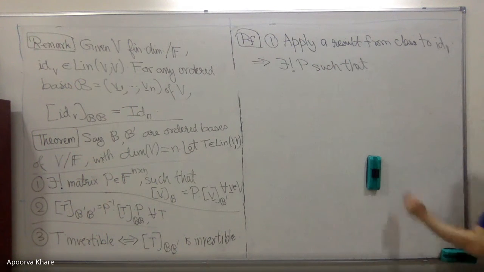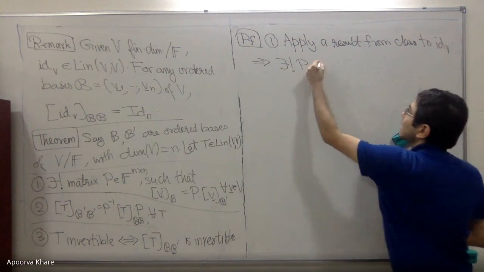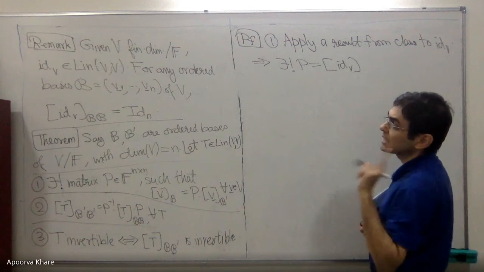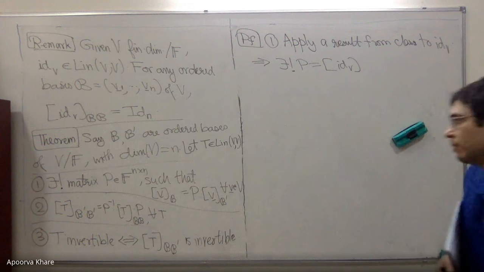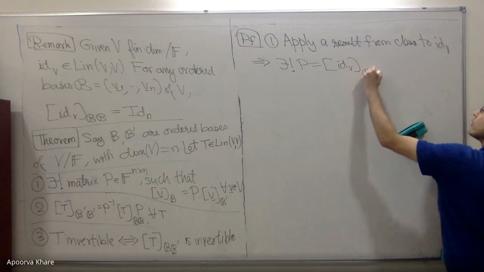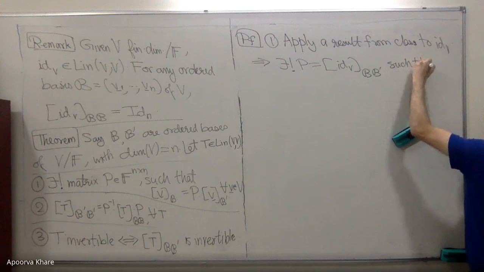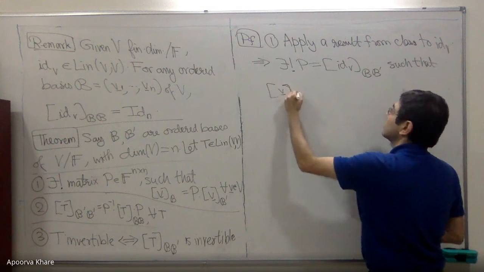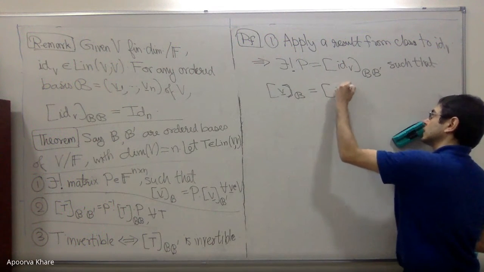such that, well, what is P? I'll tell you what P is. P is precisely the identity matrix, but not with respect to the same basis. I'm not going to put B and B, I'm going to put B and B prime, such that the identity matrix is obtained.